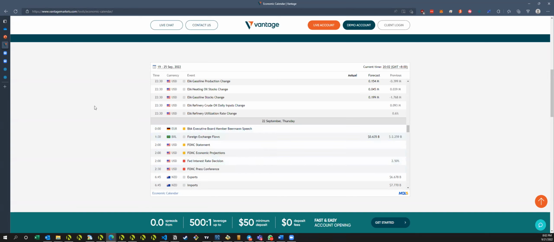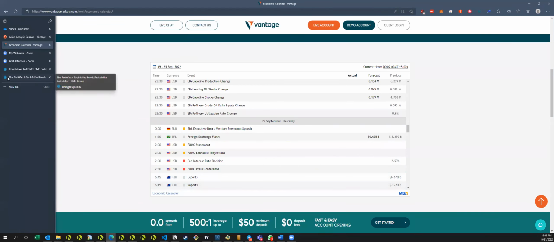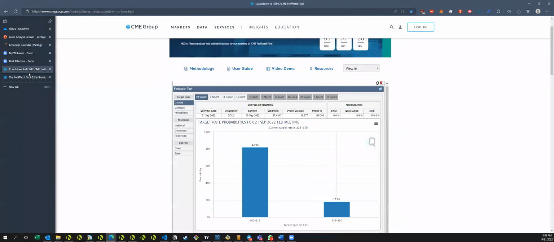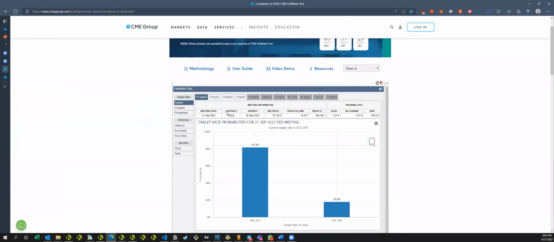If you want to know the probability of a 75 basis point or a 100 basis point increase, you can go to cmegroup.com, trading under interest rates, and this website will tell us the probability.